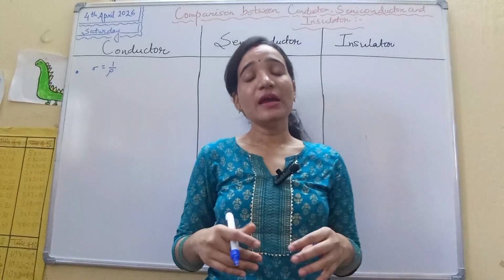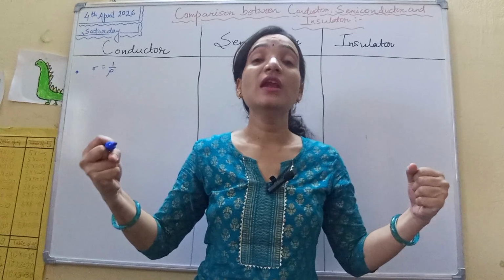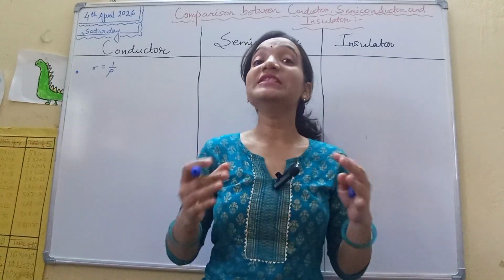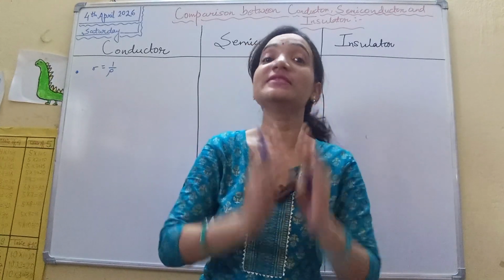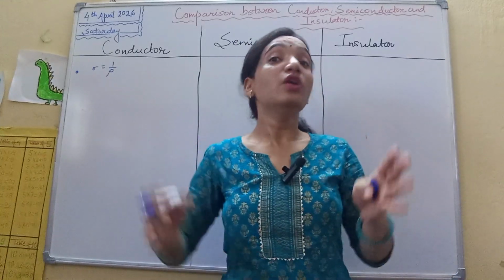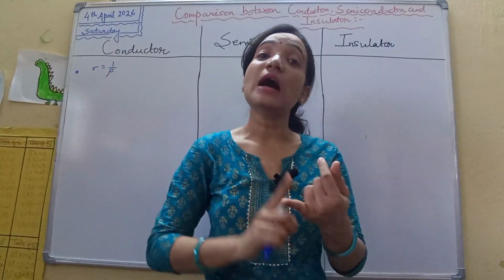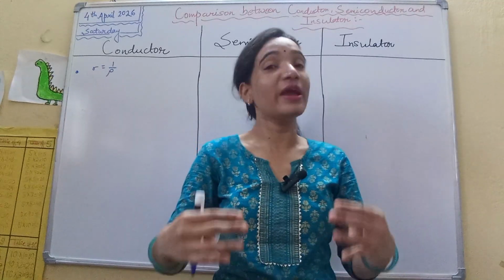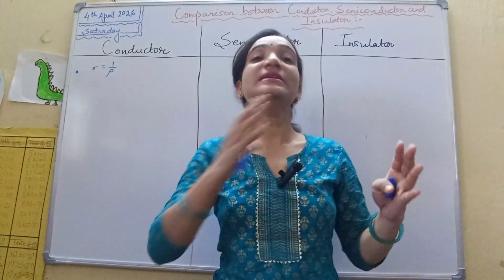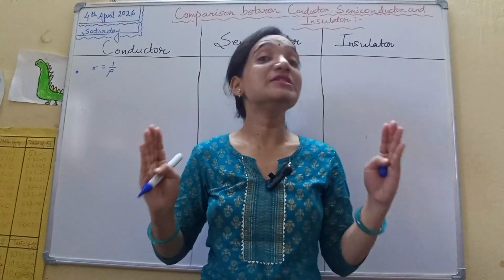Resistivity is the ability of the substance to stop the flow of current, how much it resists and creates a hurdle for the electrons to flow. And conductivity is how easily the electrons can flow, how easily the substance can conduct.